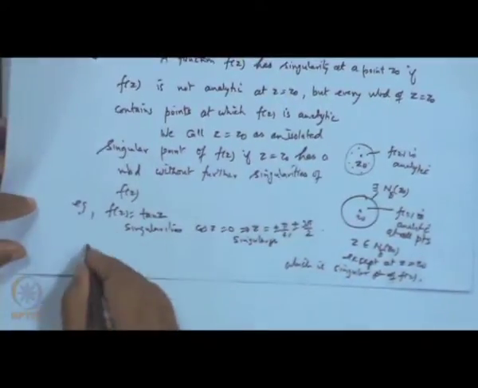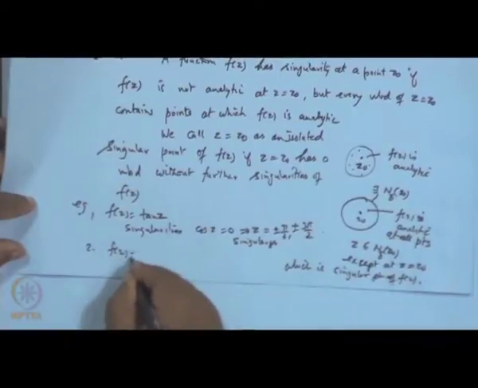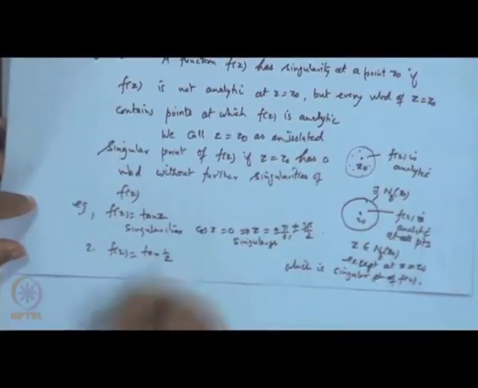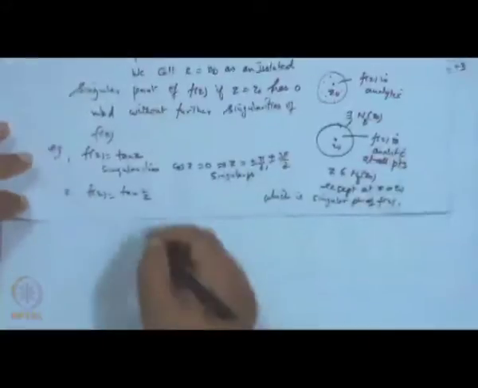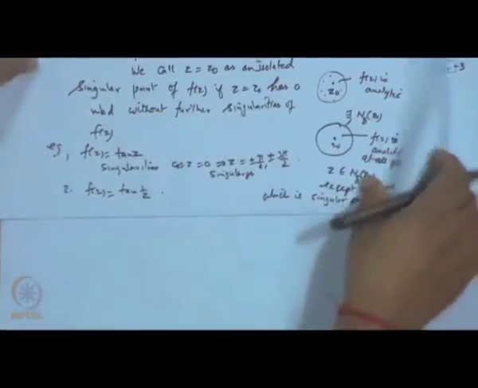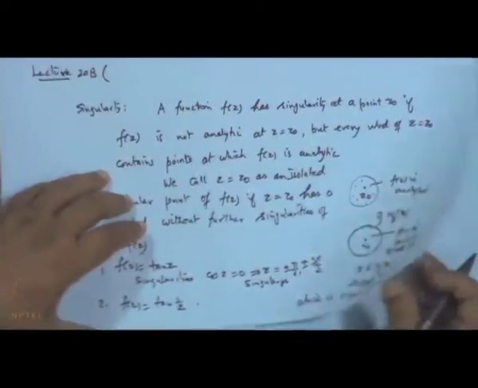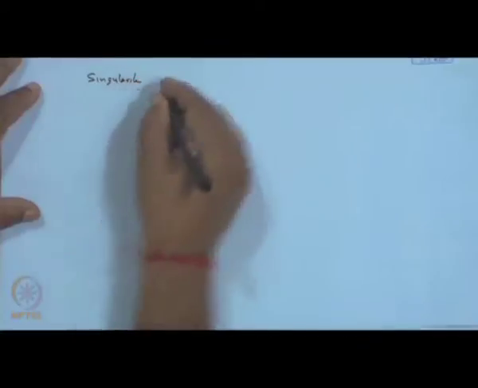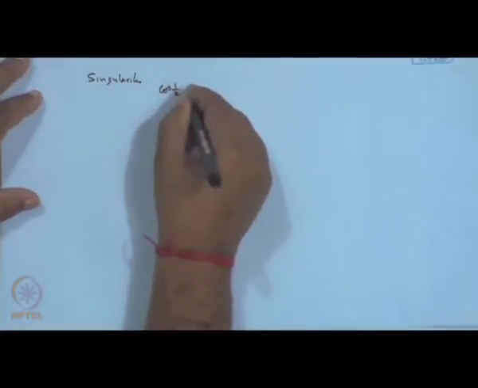However, if we look at the function f z which is tan of 1 by z, then the singularities will be where cos of 1 by z is 0.